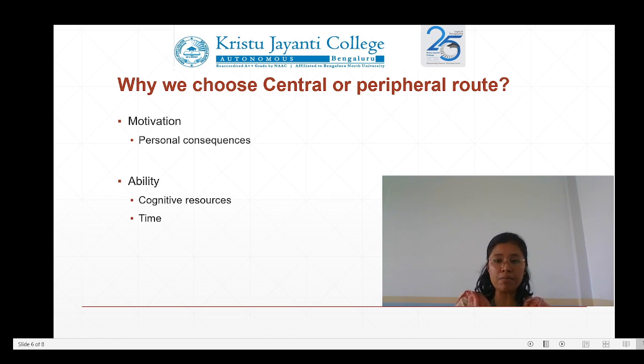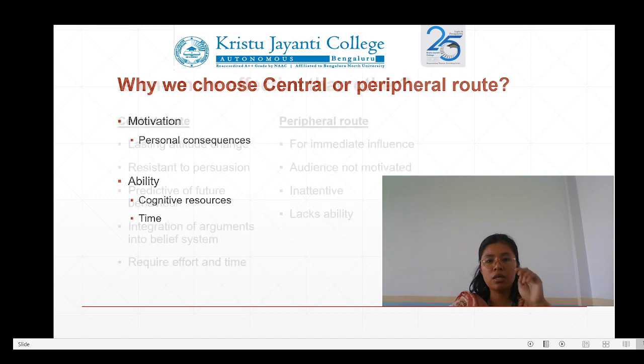When you don't have enough time to really ponder upon the message, you look at superficial cues: whether the person's an expert, whether the person's attractive, or whether the length of the message is really long. You look at these superficial cues in order to decide whether you're changing your attitude or not towards the target object. So these are the two determining factors which govern whether you use the central or the peripheral route to persuasion.